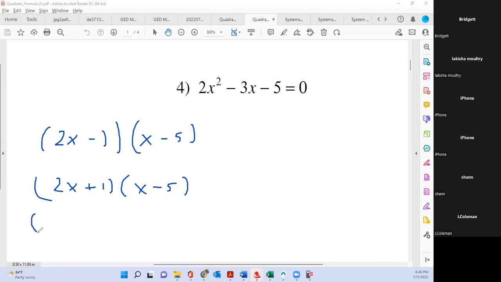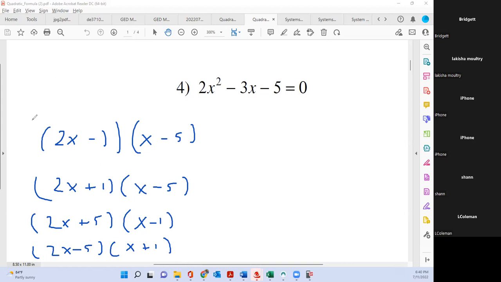Let's do 2x plus 5. You can't do it. How can you do it? Because you don't have anything that will come equal to minus 5. Okay, I'm gonna show you. Don't worry. And then 2x minus 5, x plus 1.